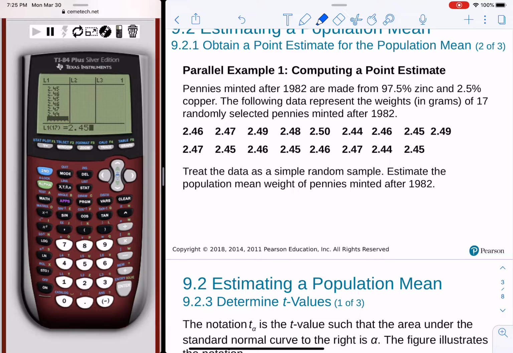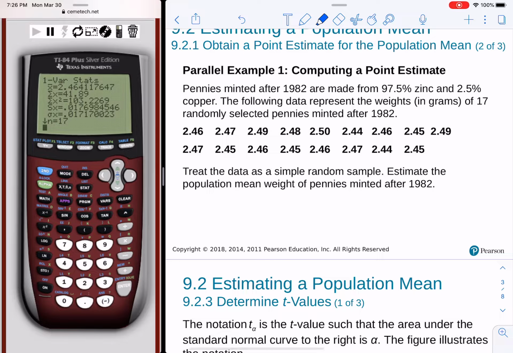I have entered the sample, and now we have to find the sample mean. So we go over to one variable statistics, and we select list 1 where we have our data.